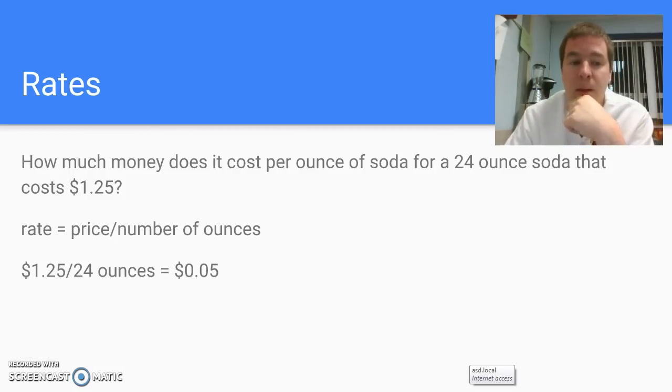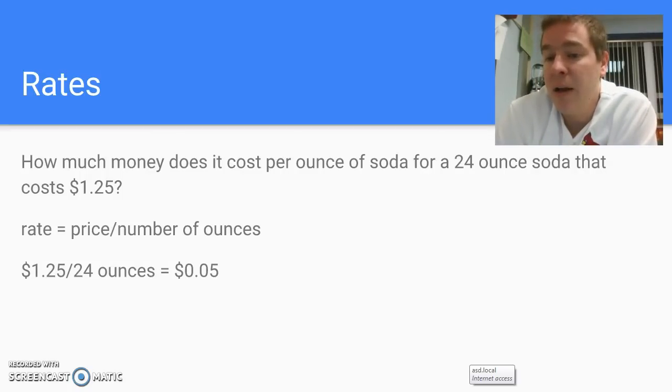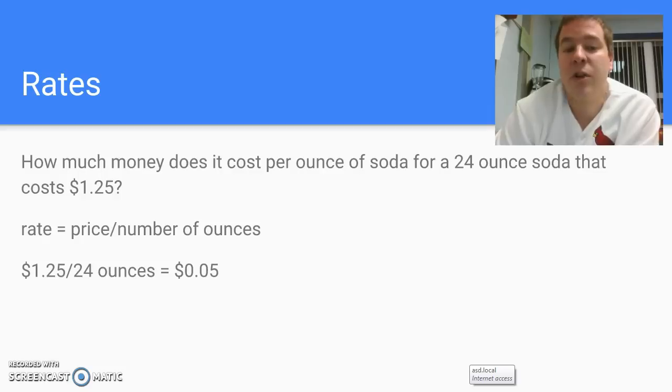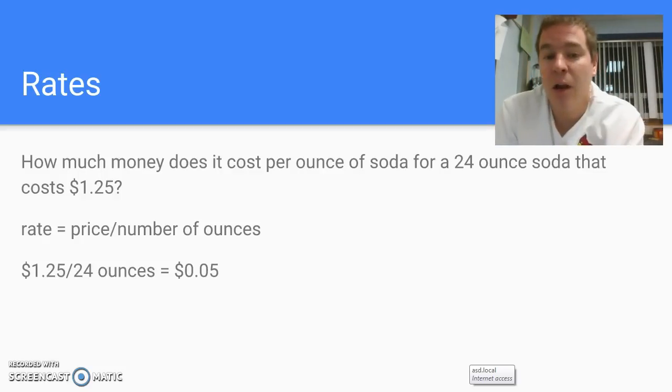Okay. For rates, how much money does it cost per ounce of soda? We're comparing the ounces to the amount that it costs. What you're comparing, order once again matters. Here you're comparing cost per ounce, so price per ounce.